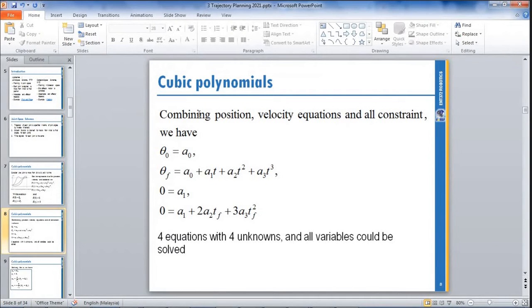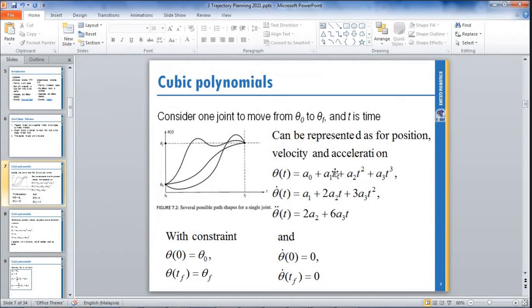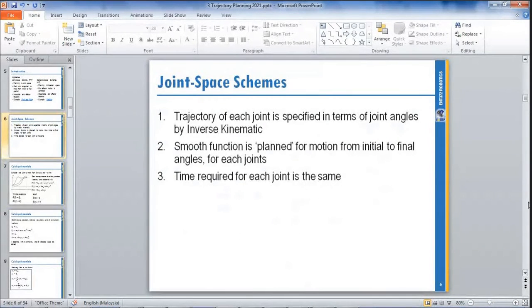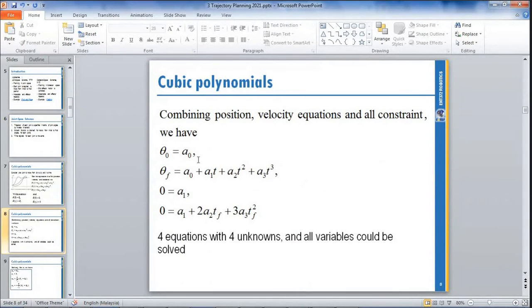Okay, for the equations, combining the position and velocity equations and all constraints, we have theta 0 equal to a0. How do we get this? At time 0, when your t is replaced with 0, you only have a0 left. So position at time 0 equals a0.